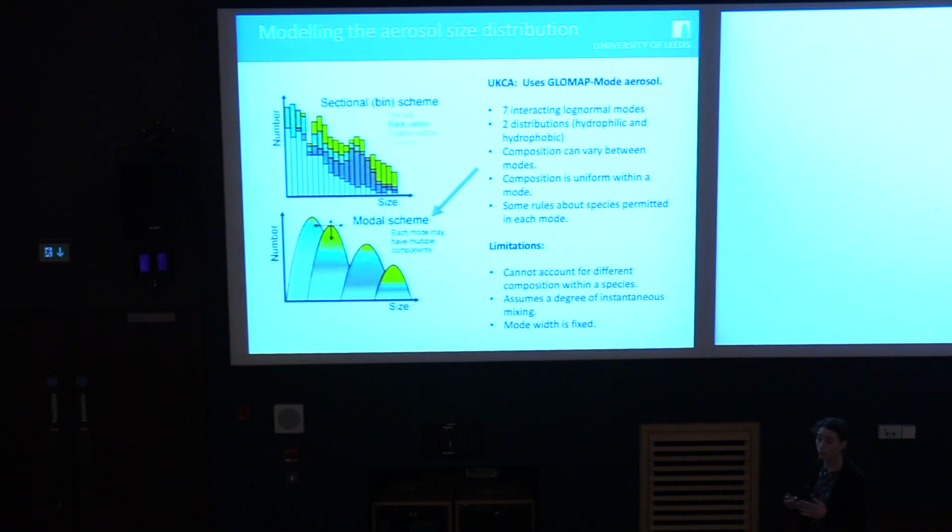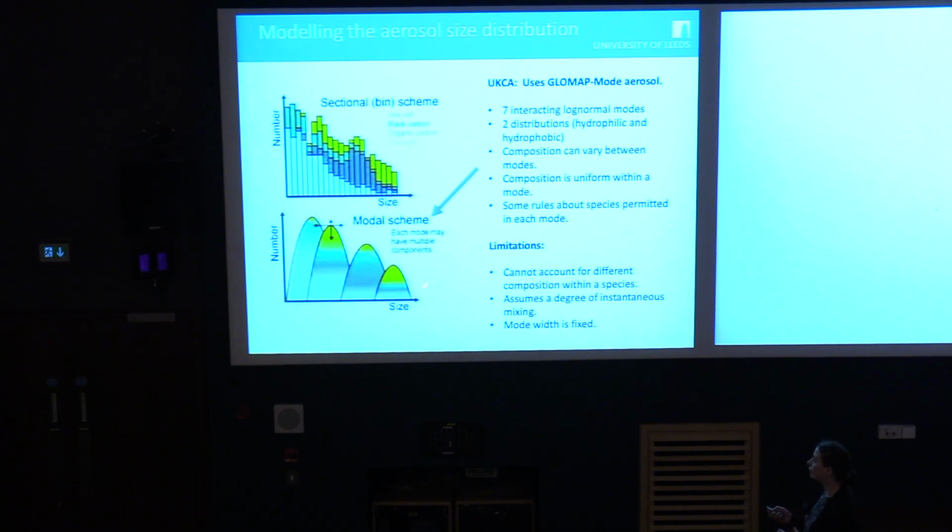We calculate the total number of aerosols within those modes, and then additionally we calculate the mass of each species within that mode. So we have information on, for example, the mass of sea salt in that mode, the mass of sulfate in that mode, the mass of dust in that mode. And then if we want to know the total mass of aerosol in that mode, we simply sum the individual components.